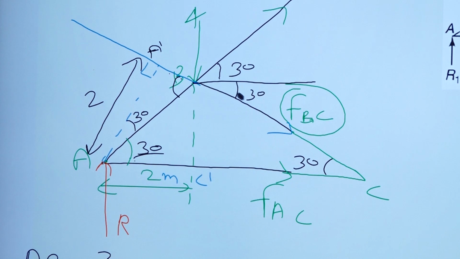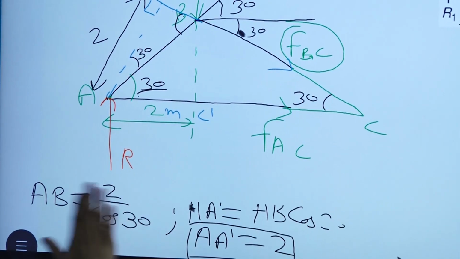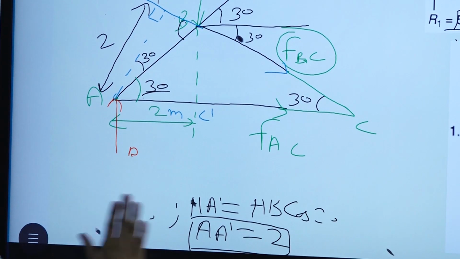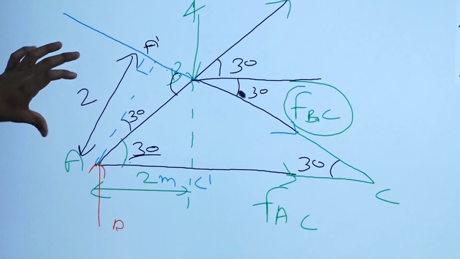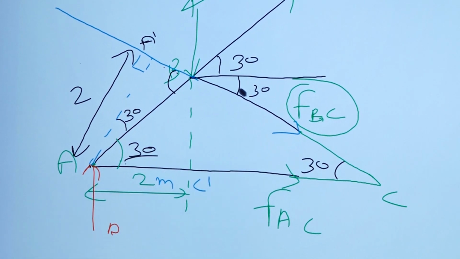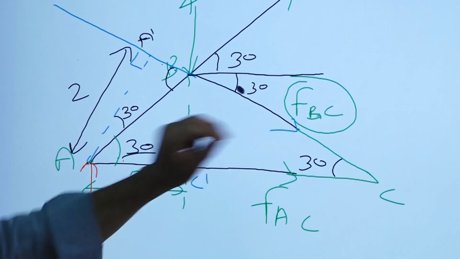Okay, so I will just rub it off. This is 2, and 2 multiplied by FBC will be the moment because of the force BC.